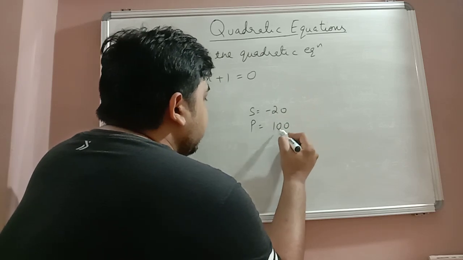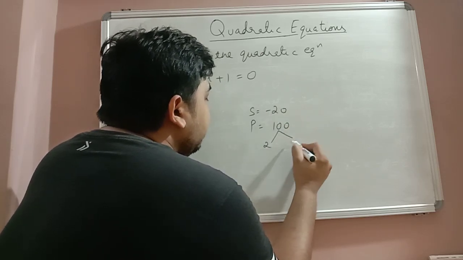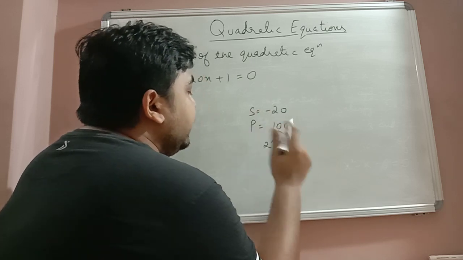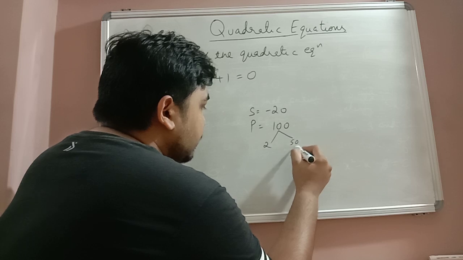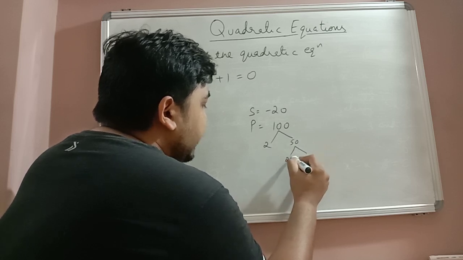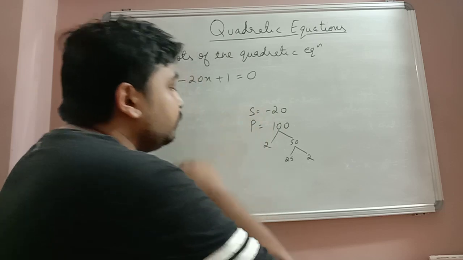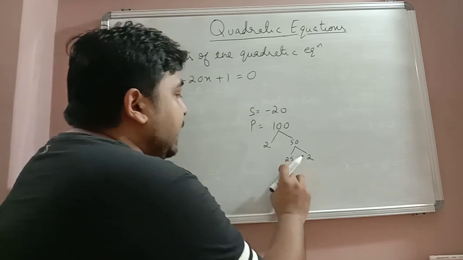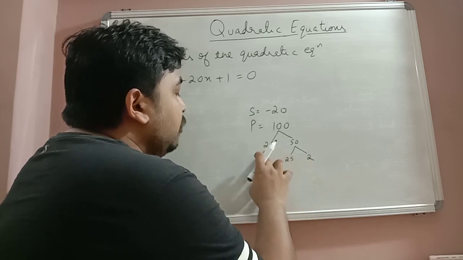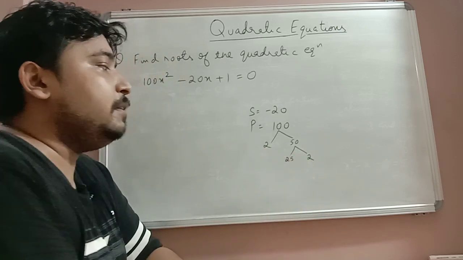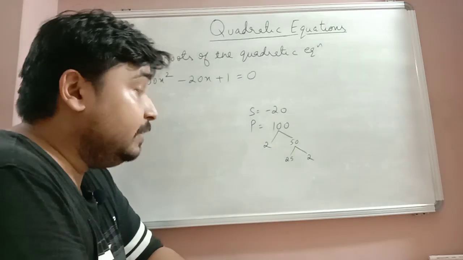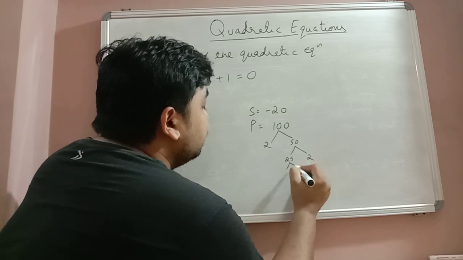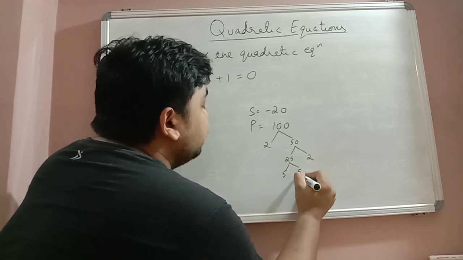So I can write 100 as 2 into 50. Now 50 and 2 doesn't make 20, so let's further split 50 to 25 into 2. Now 25 and 2 into 2, 4. 25 and 4 also doesn't make 20. So let's further simplify 25, which can be written as 5 into 5.